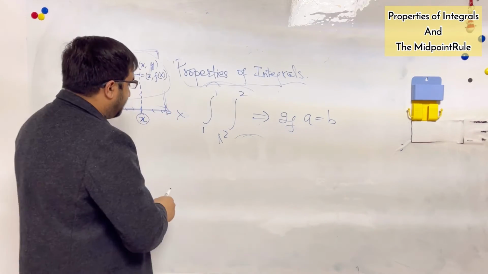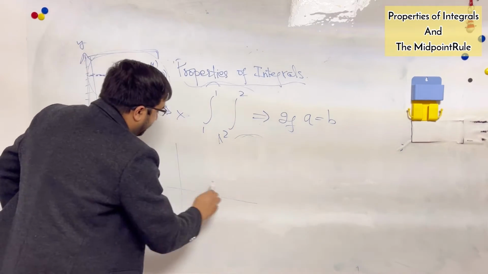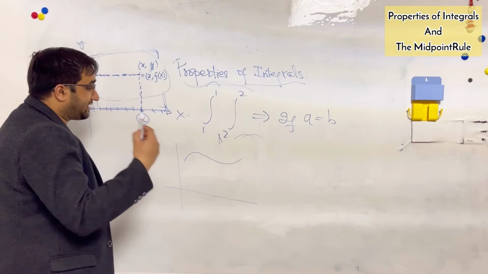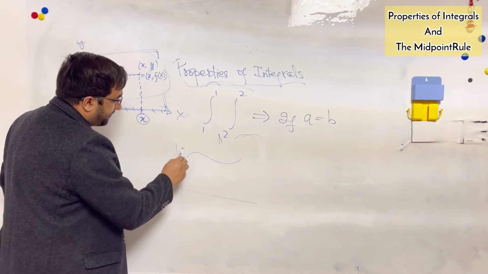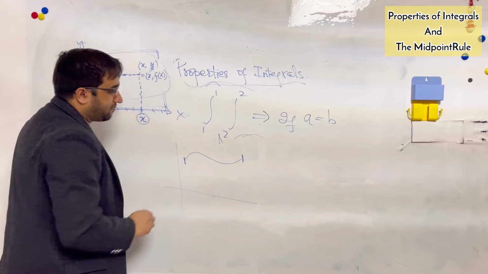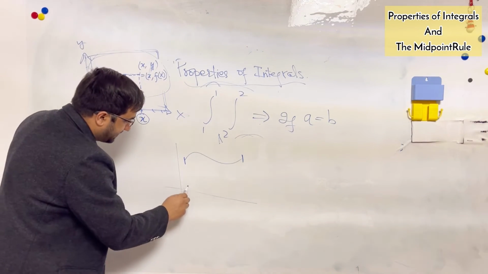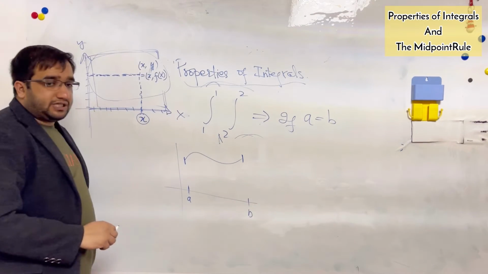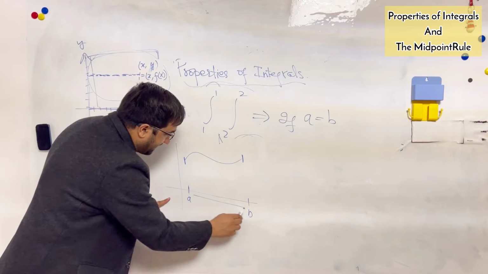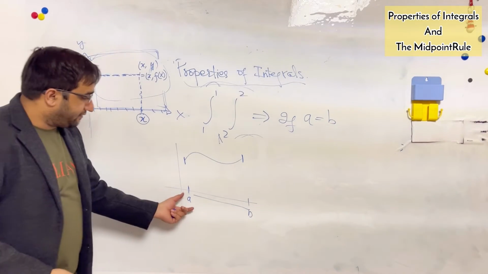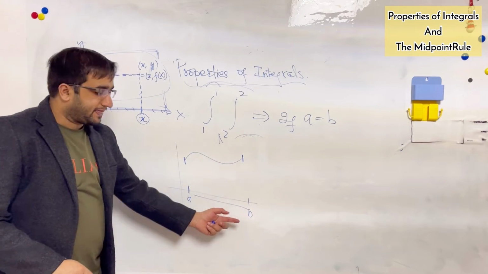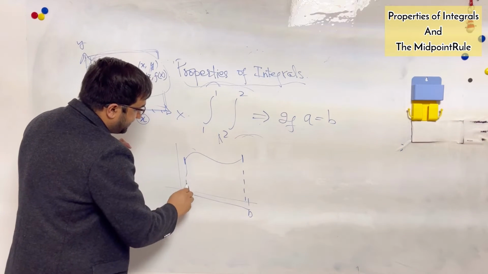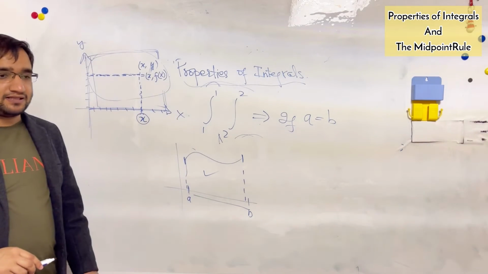Because integral means area under the curve. Now, what curve? A curve starting from this point and reaching this point, a curve corresponding to A and reaching B. So you have this gap. Now, if you move from A to B, then you will have this curve and this shaded region to find the area.